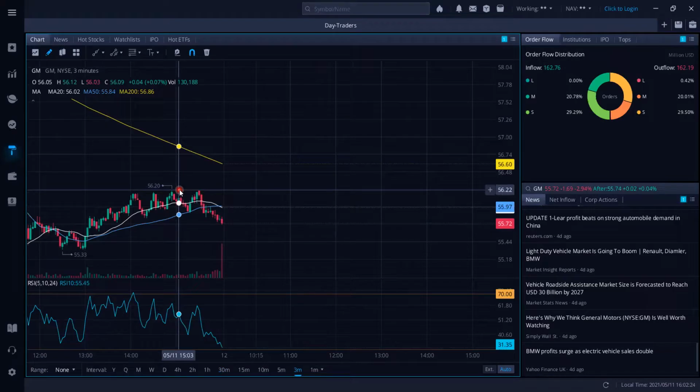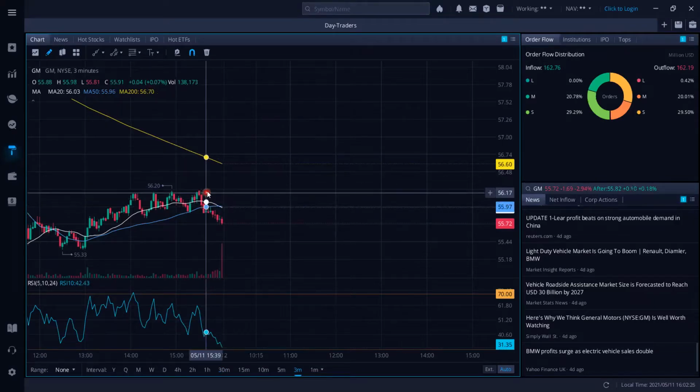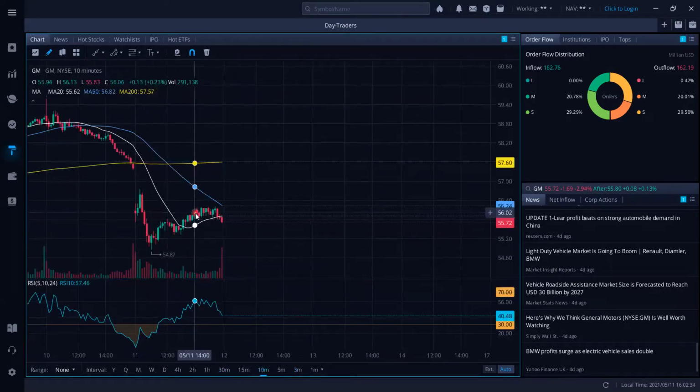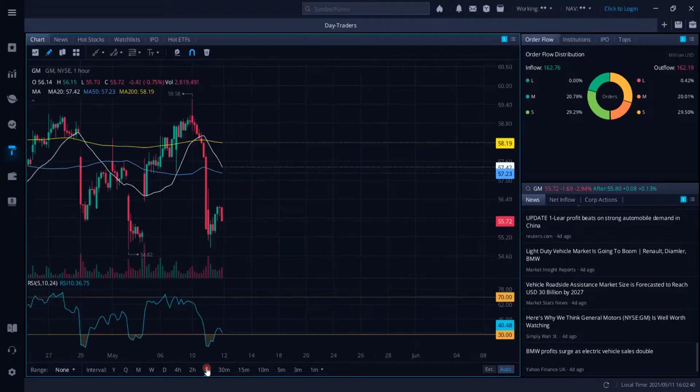All right, so that's what we're doing. This is what's happening here. Go to the 10-minute chart again, 54 to about 56, so about $2. It's such a different thing.